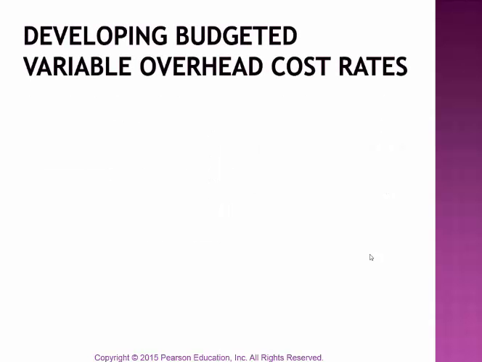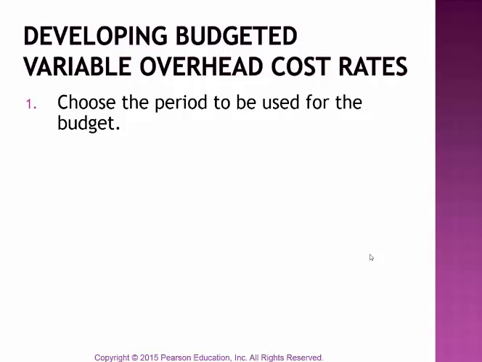All right, let's look at our variable overhead cost rates and how we go about putting that together. We've got a 4-step process that we go through. Of course, step 1 is to choose the period to be used for the budget. Typically, we are talking about a 12-month time frame.